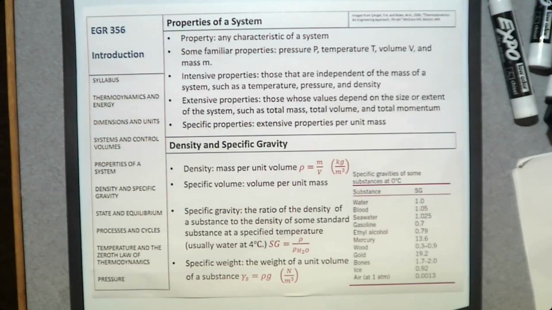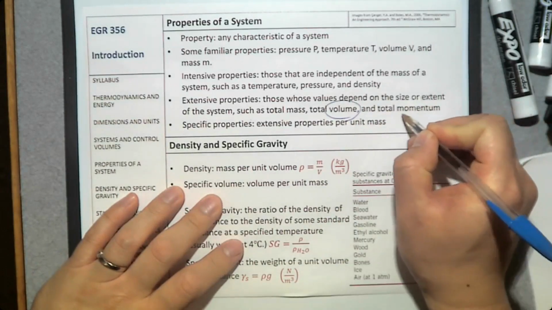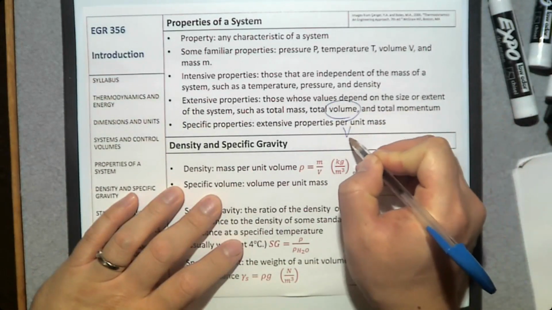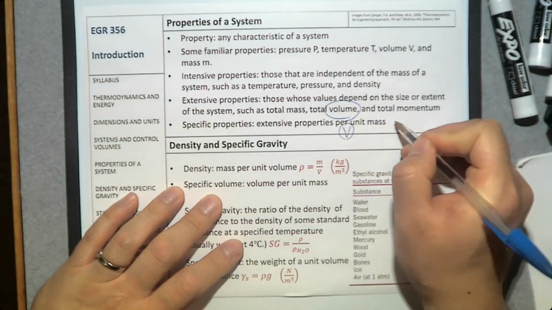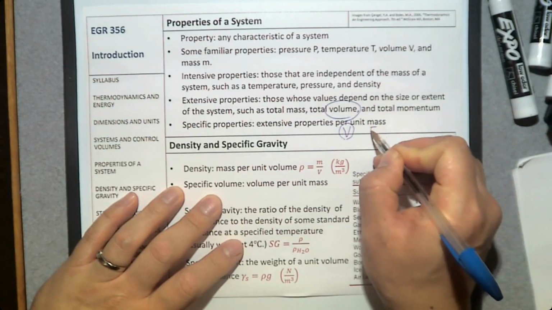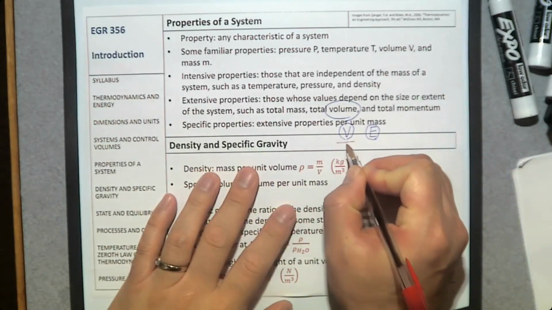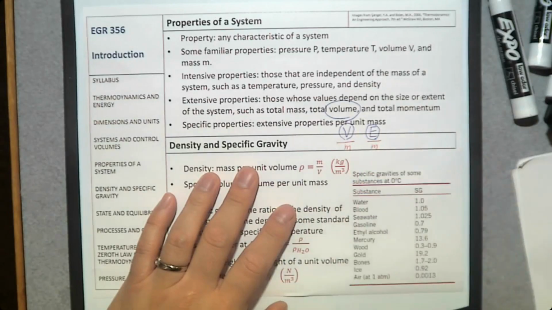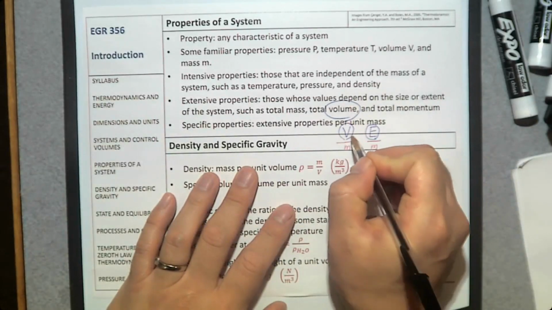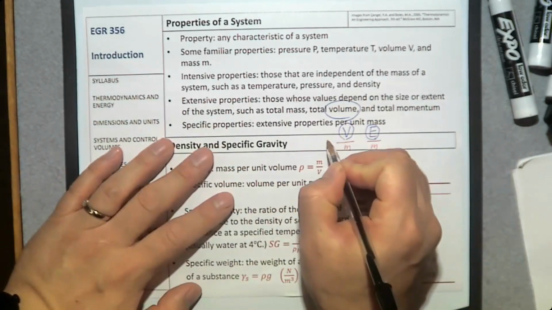By the way, when we talk about an extensive property, such as volume or energy, for volume we use capital V. If it is energy, we use capital E. If we divide them by mass to get specific properties, to distinguish between volume and specific volume, we use lowercase.